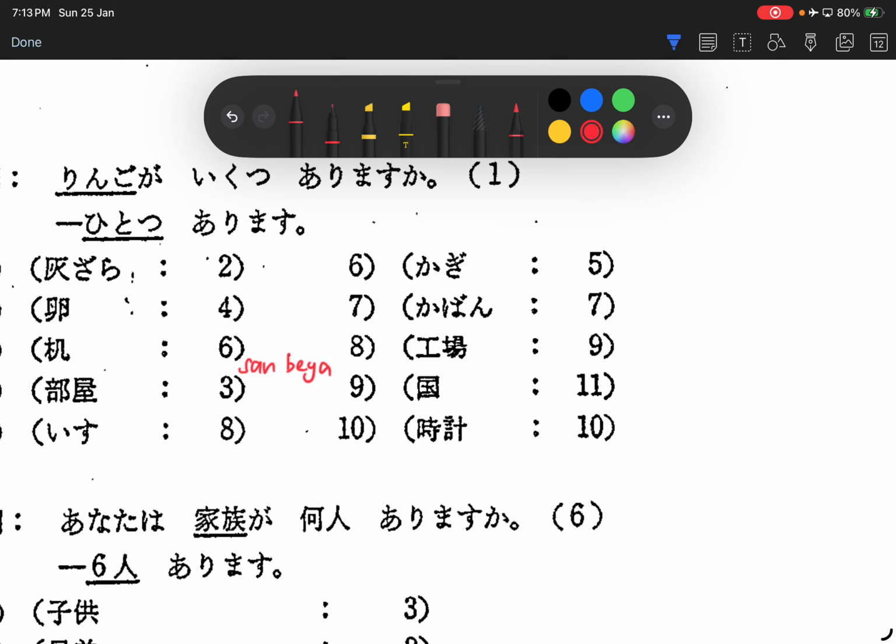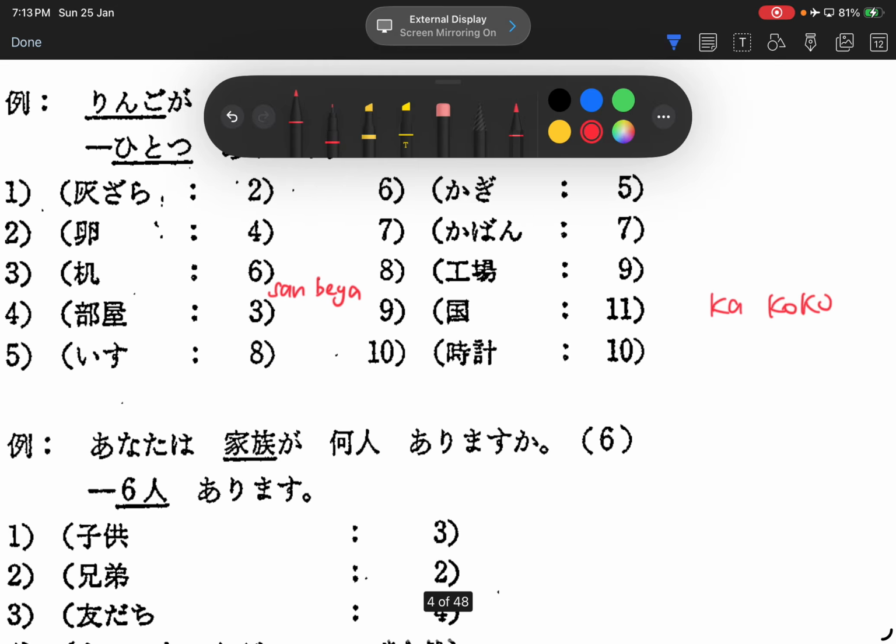So we use カ国 to count. So instead of like 6つ国, we use カ国 to count. Sorry? What's the answer? 11カ国.